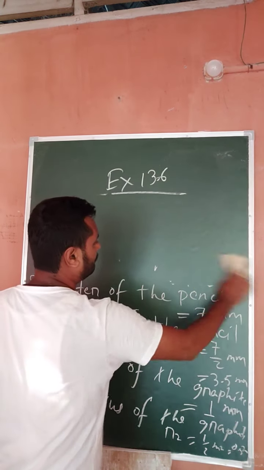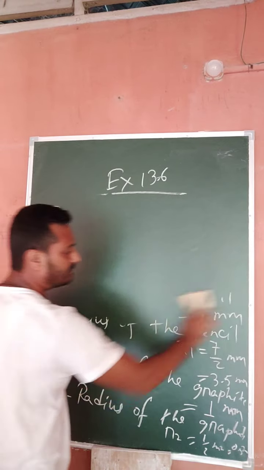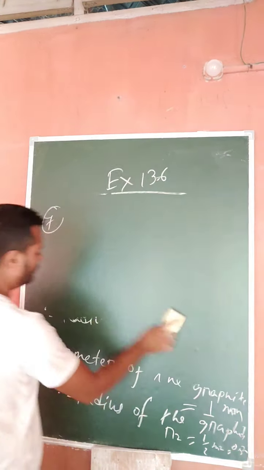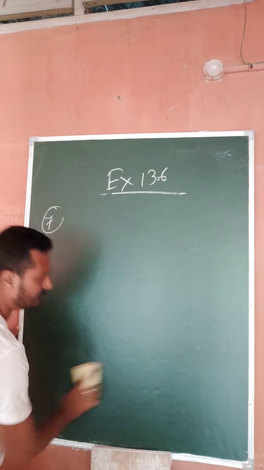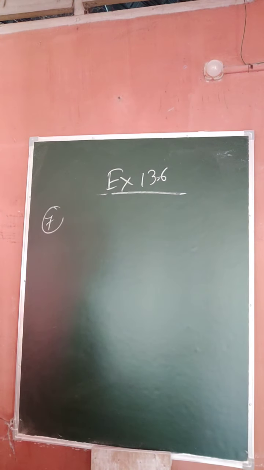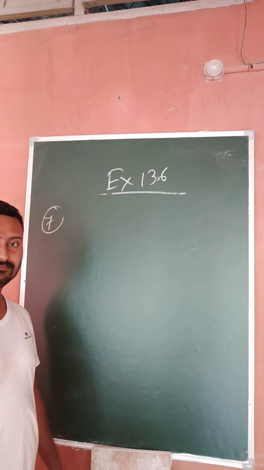So now you have to find one is the volume of the graphite and one is volume of the wood. Volume of the graphite you can directly find by the radius of the graphite and height.